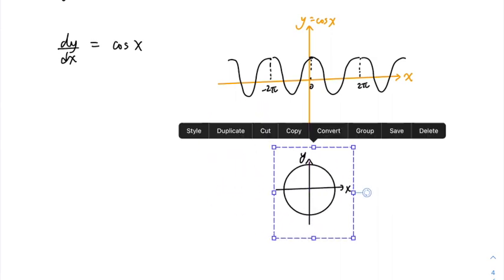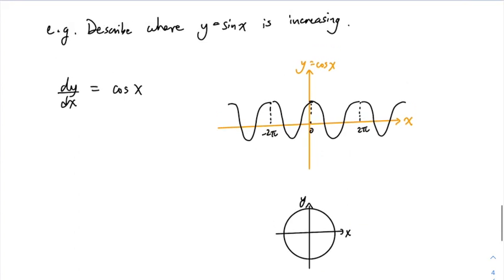The question of where sine x is increasing is the same question as figuring out where cosine x is positive or 0. Okay, so we need to look at the cosine function, the derivative, and see where it's positive or 0. It's positive, it seems, here between 0 and what value is that?